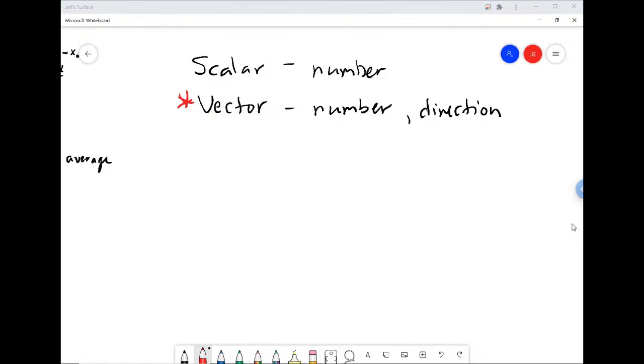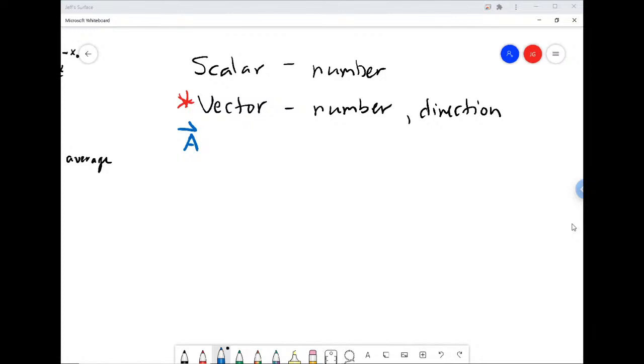That's right, an arrow. So let's say I have a quantity, and for the moment it doesn't matter what it is. Maybe it's a displacement. We'll call it A. When using a variable to represent a vector quantity, you usually put a little arrow on top of it, and you see that you're talking about a vector quantity.